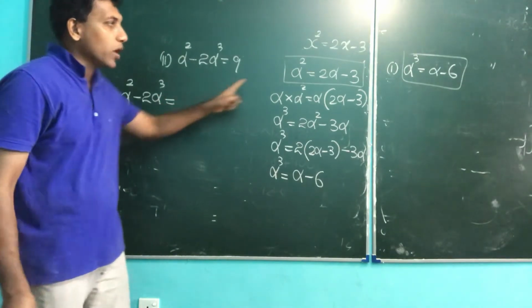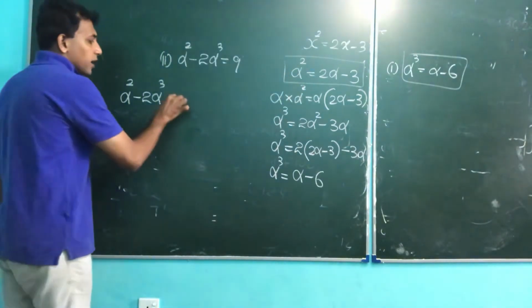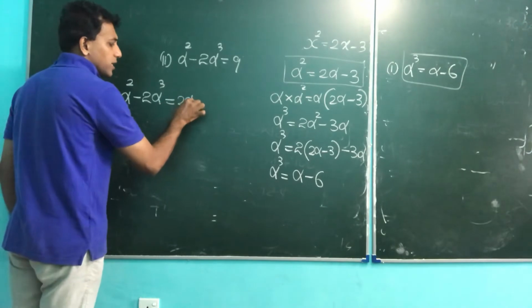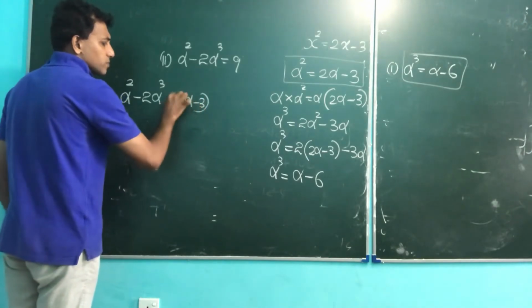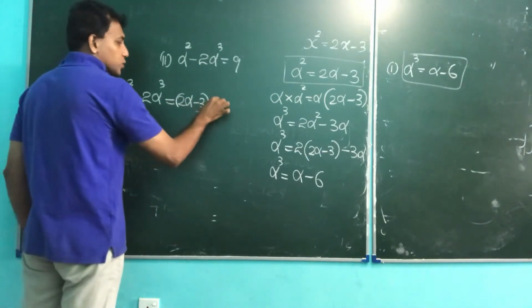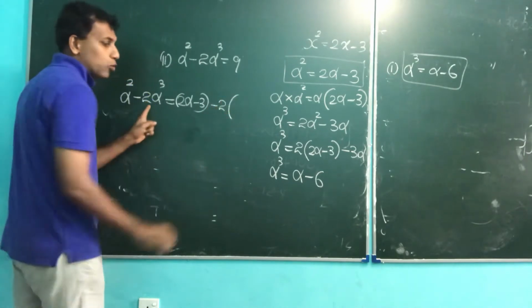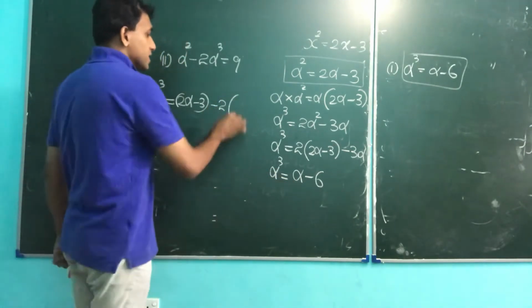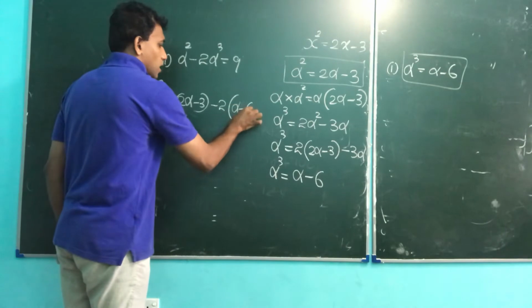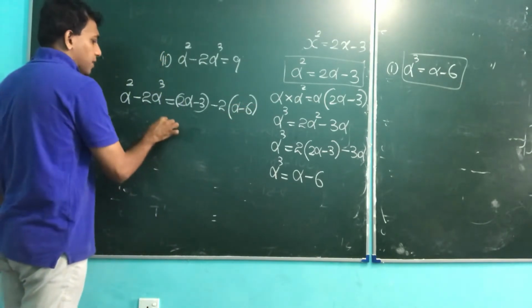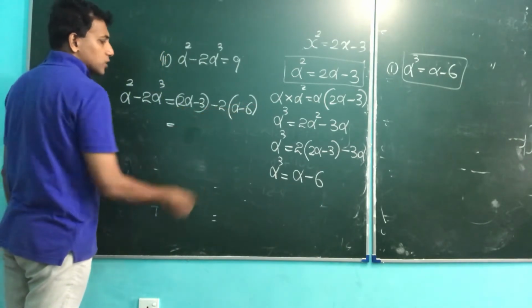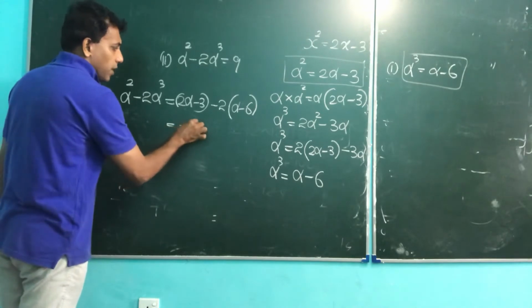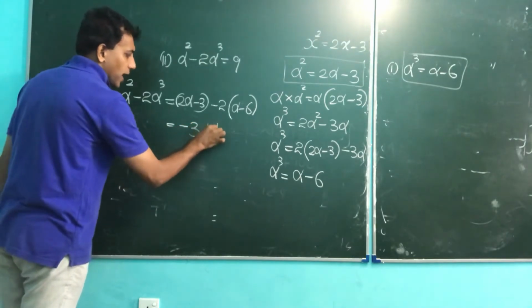Alpha square is 2 alpha minus 3, minus 2 into what is alpha cube, alpha minus 6. Now simplify and see what happened here. 2 alpha minus 2 alpha cancel, minus 3 plus 12.